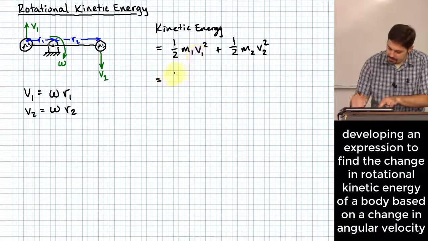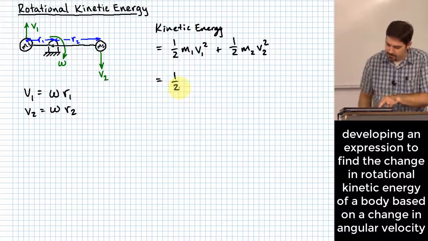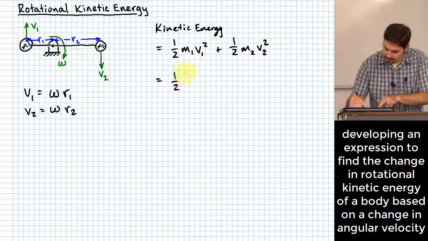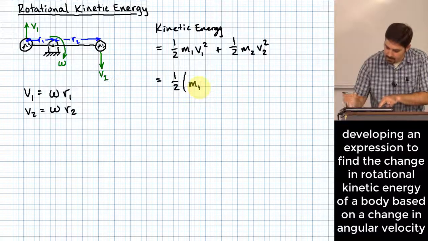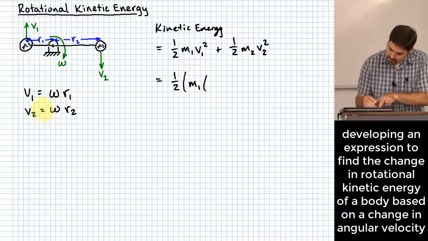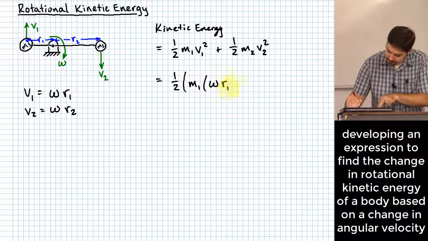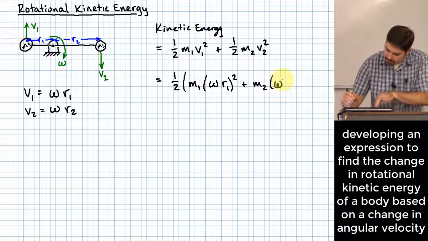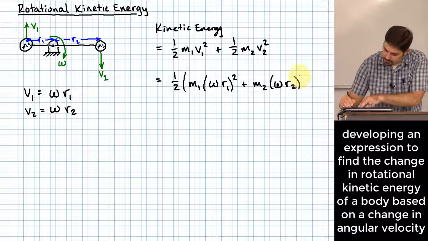Let me also factor out the 1/2. So I'll have 1/2 times M1 times omega R1 squared plus M2 omega R2 squared.